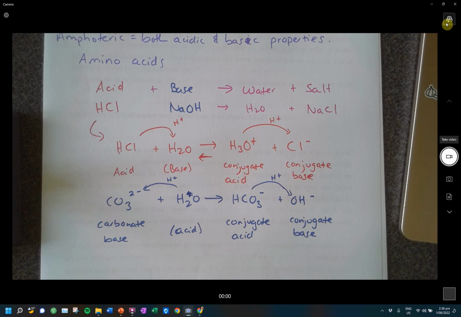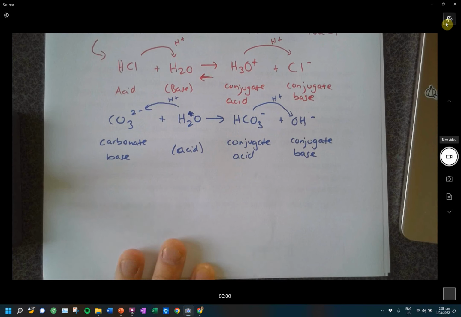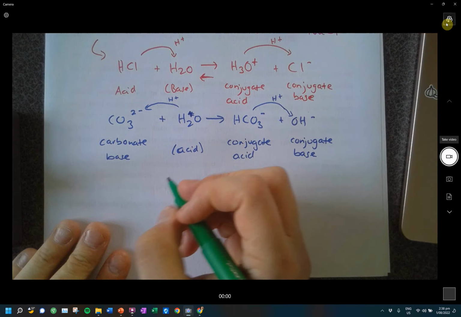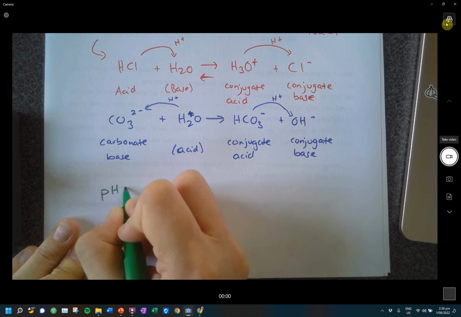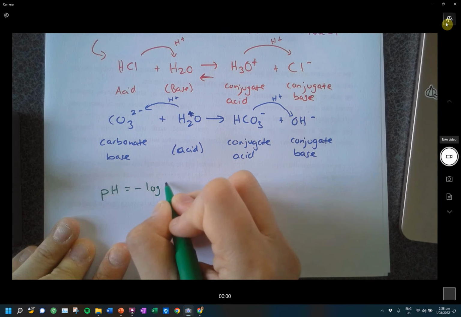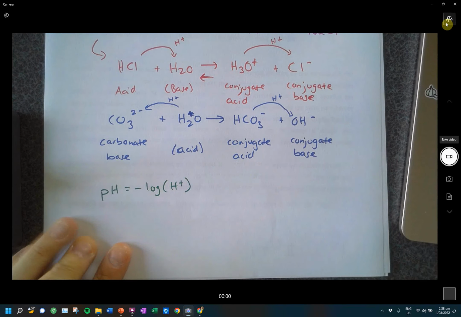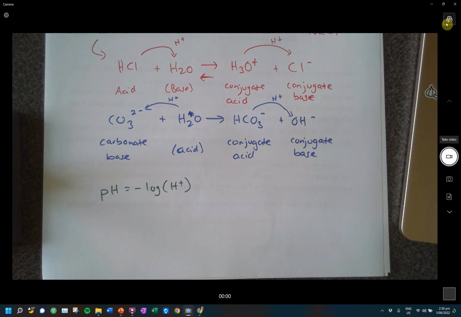Right, next bit. The other thing we need to think about is the pH scale. When we're thinking about pH, remember that we are referring to the negative log of the hydrogen ion concentration. So if I know the concentration of the hydrogen ions in my solution, I can figure out the pH of my substance.